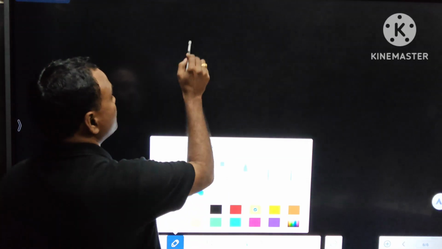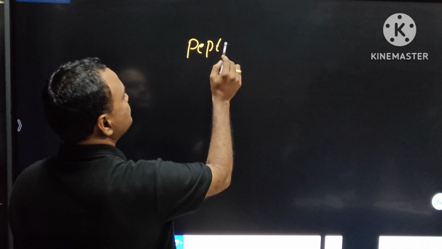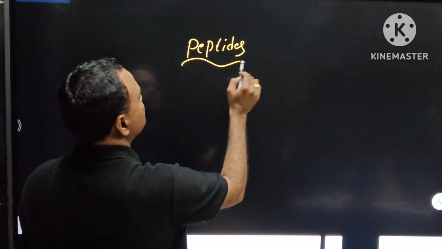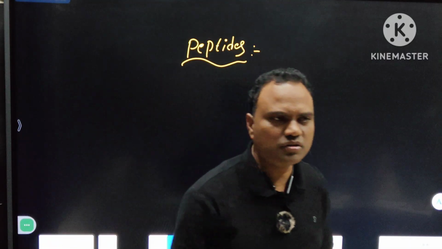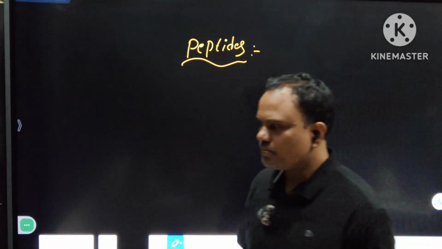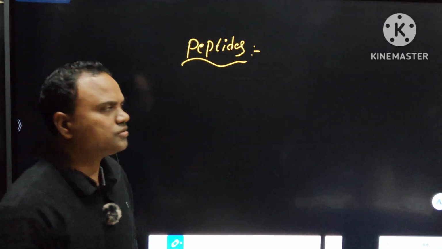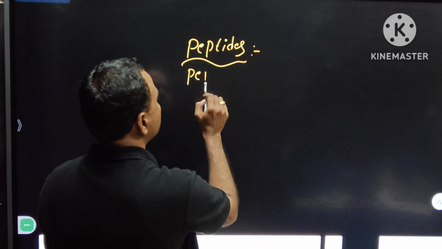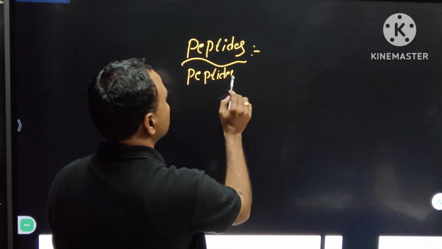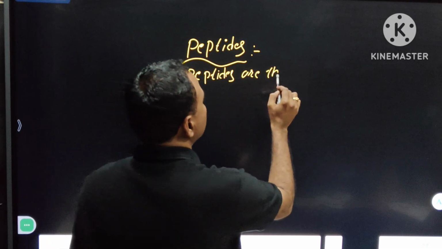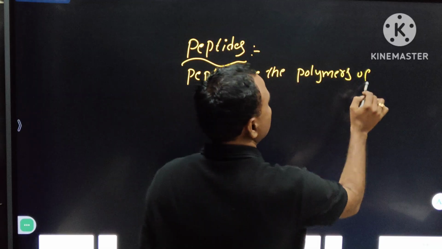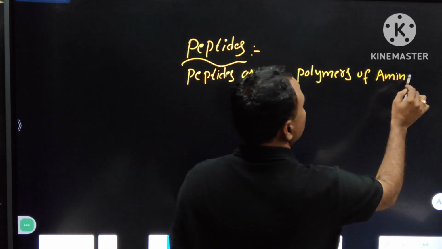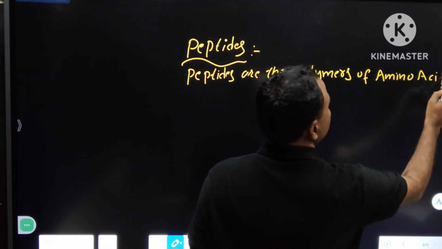Next, peptides. Peptides are the polymers of amino acids.